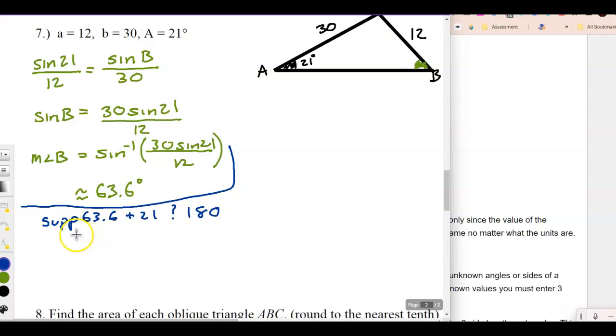That's 116.4. Add 21. Right, and then how does that compare?